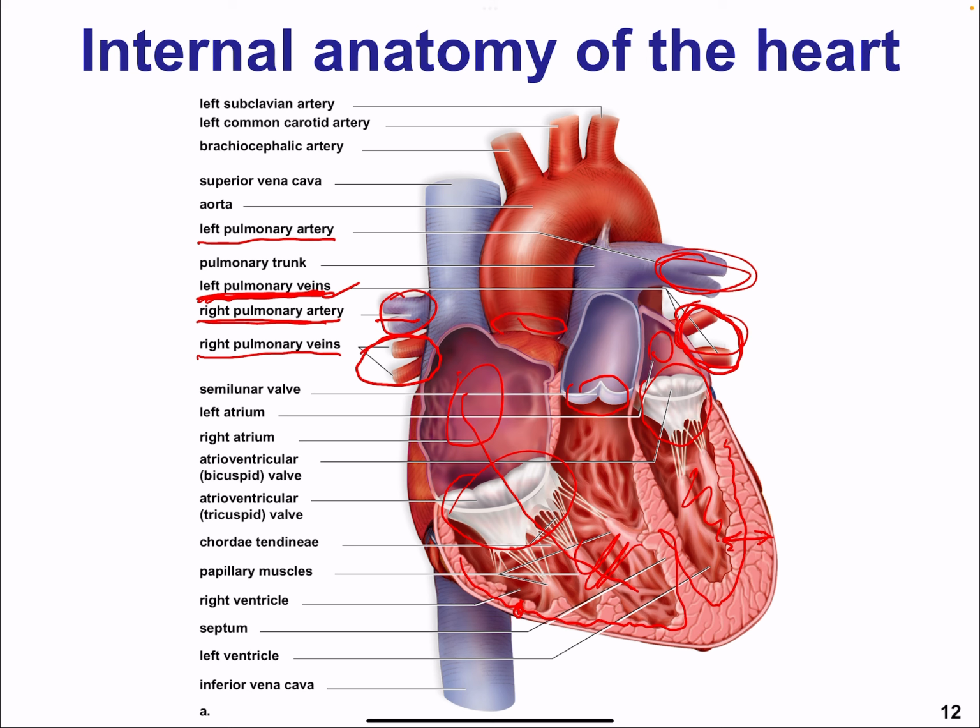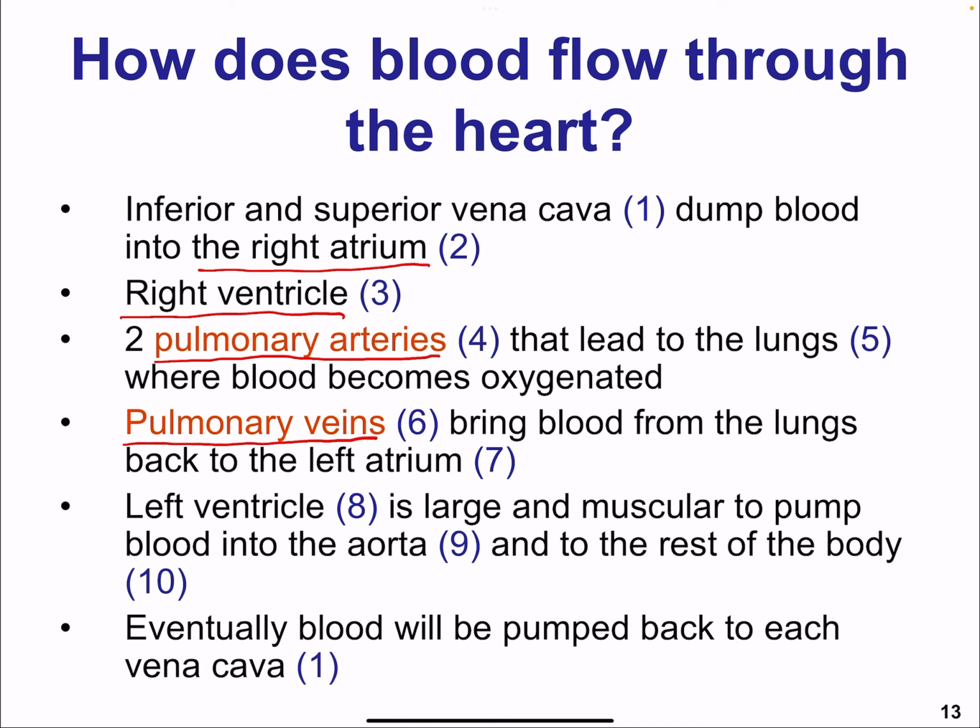And that blood gets dumped in here, in the left atrium. And from there, the blood is going to be squeezed from the left atrium to the left ventricle. And from the left ventricle to the aorta to leave the heart and be sent out to the tissues.